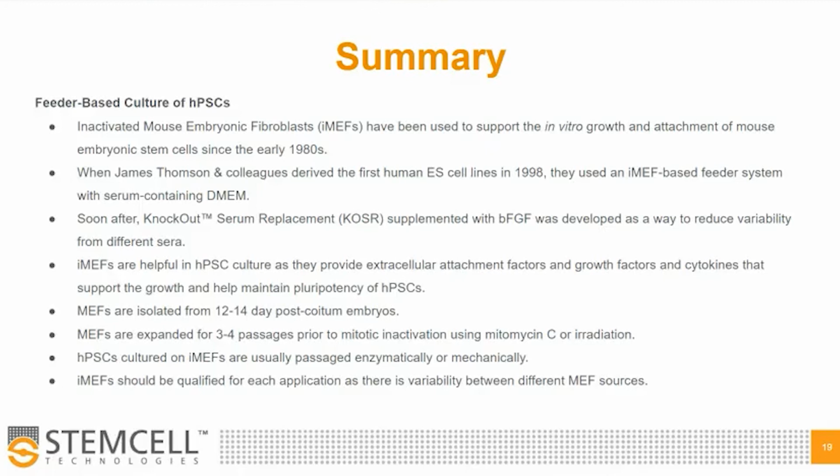Soon after, knockout serum replacement, or KOSR, supplemented with bFGF, was developed as a way to reduce variability from different sera. IMEFs are helpful in HPSC culture as they provide extracellular attachment factors and growth factors and cytokines that support the growth and help maintain pluripotency of HPSCs.